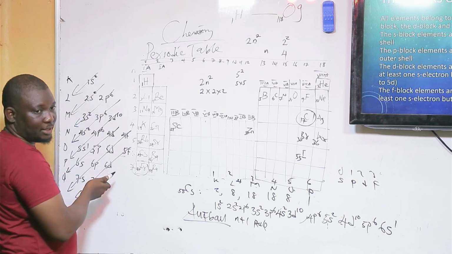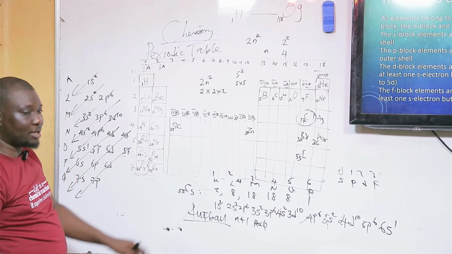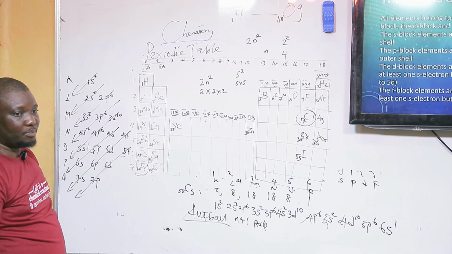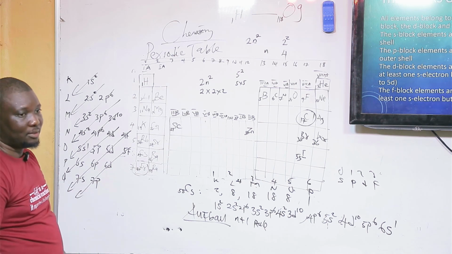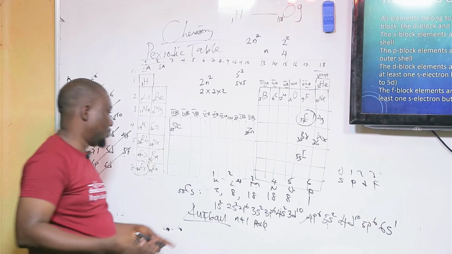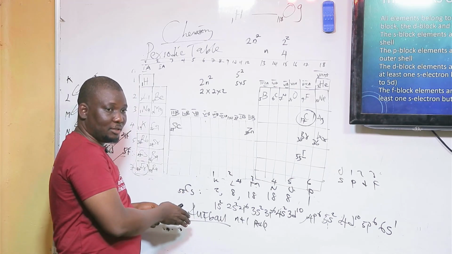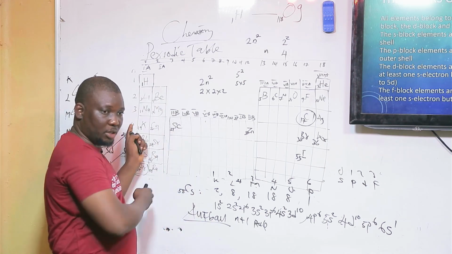This will always be your guide. That is the principle that must be obeyed in writing. But with this rule, there are some violations. There are some elements that still violate it. There are elements, but you can't discard the rule because of the few elements that violate it. I just wanted to show you that way.